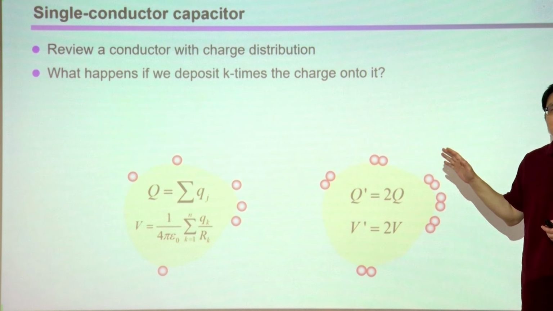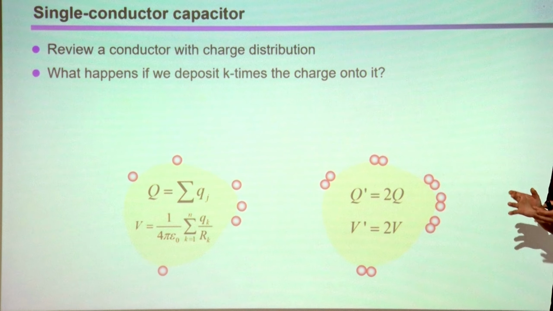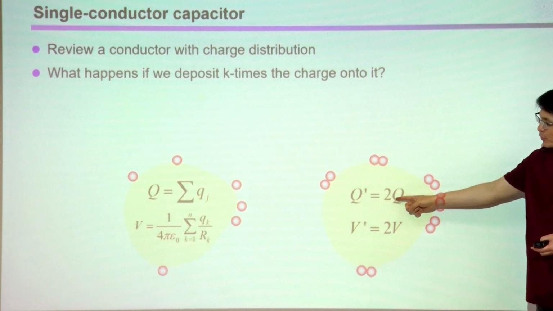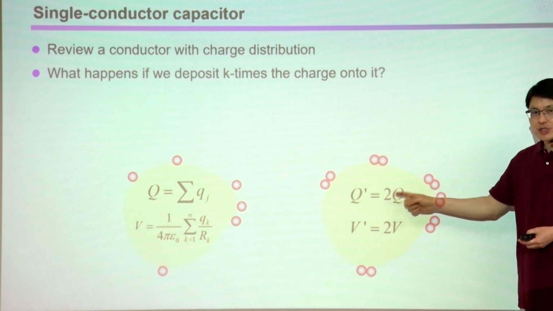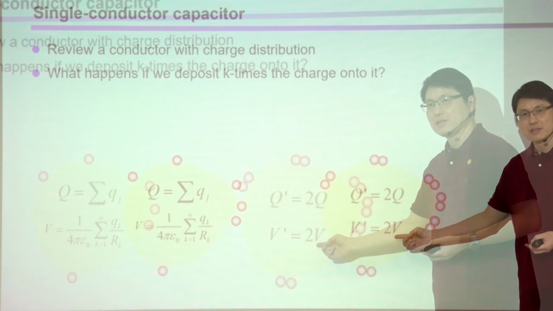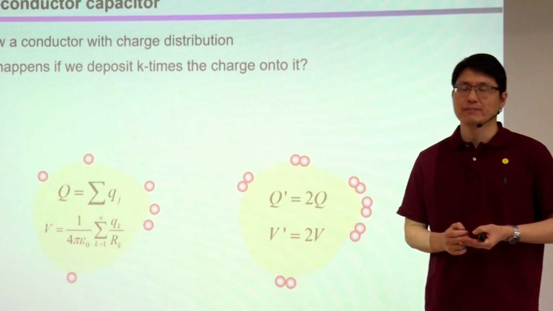So this is actually a test of how your metal behaves. So in the ideal case, if you double the amount of charge, you pretty much double the potential as well. Right? This makes sense.